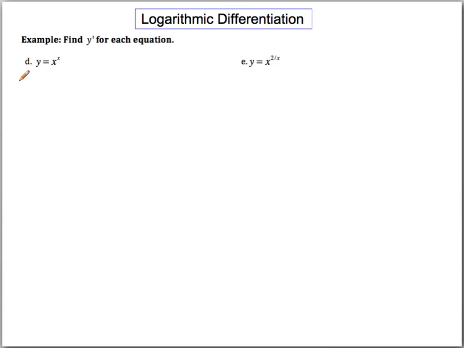So again, we follow our steps. We take the natural log of both sides. Okay, so first, let's go ahead and expand this natural log right here. So we get the natural log of y equals x times the natural log of x. And let's go ahead and differentiate both sides.